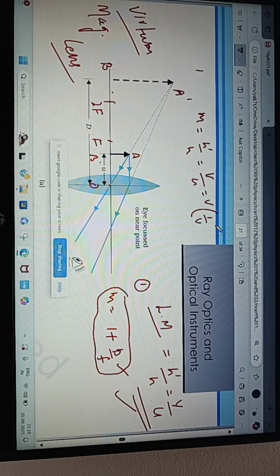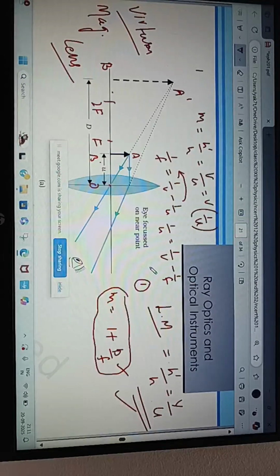Tell me. 1 by u you can write. The formula is there na? 1 by f equal to 1 by v minus 1 by u. So you take this one to the other side. So it will become 1 by u equal to 1 by v minus 1 by f. Got it, right?